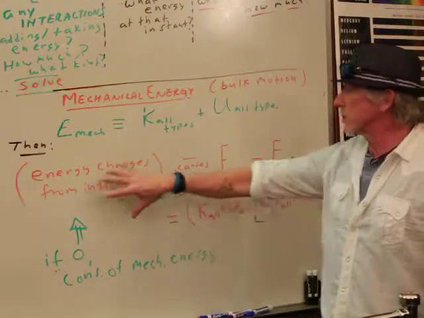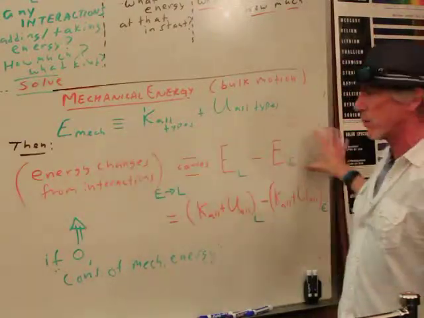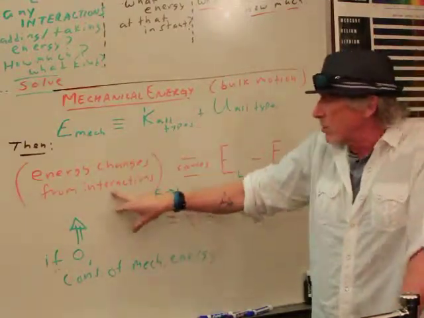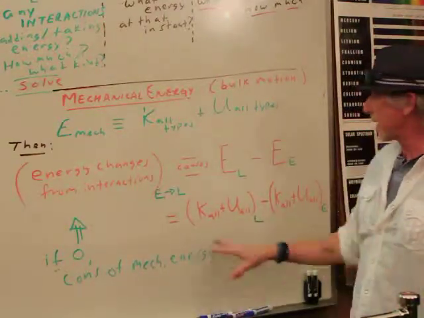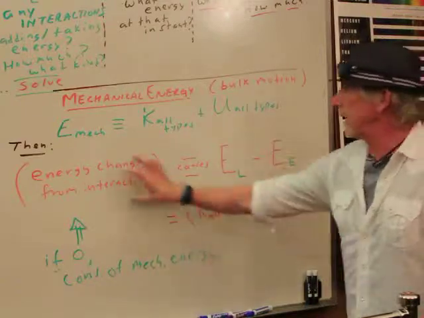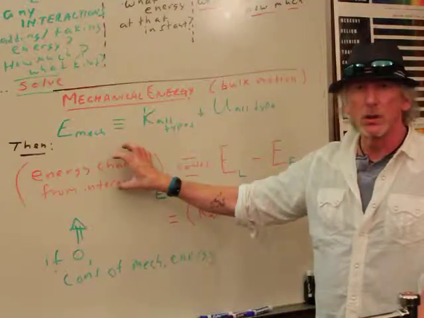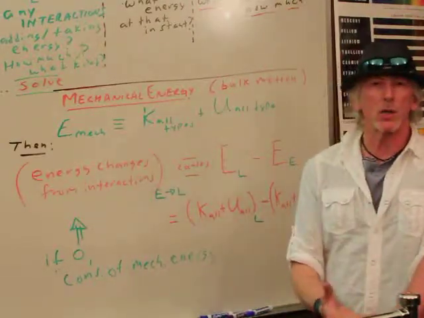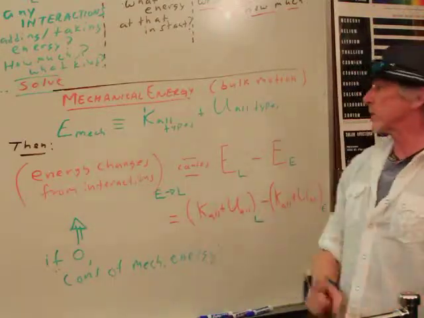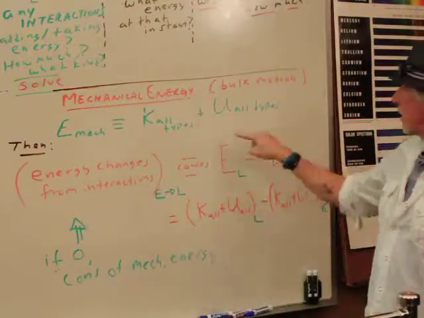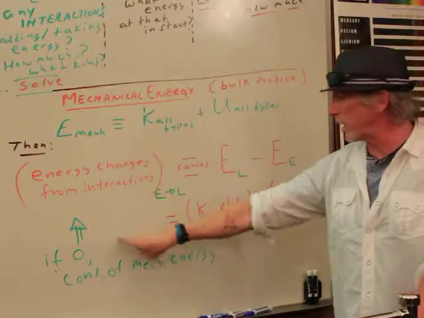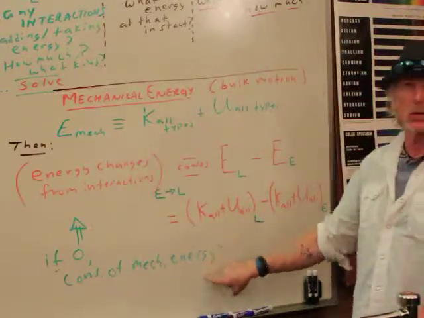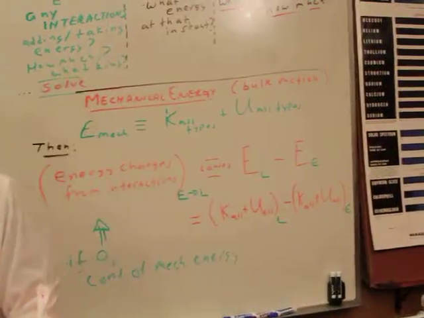If this is 0, so the beauty of writing it this way, and I highly recommend writing it this way, if this is 0, then that's conservation of mechanical energy. Of course that means that E later equals E earlier, but why write it as a separate equation? Why not just write one equation and always check 1, 2, 3. If that's 0, justify it, and fine, you've got conservation of mechanical energy. So that's our energy accounting game.